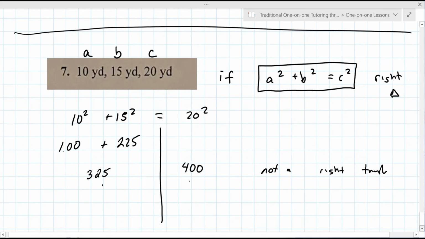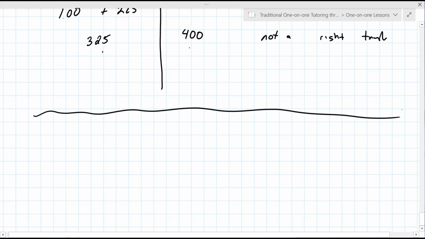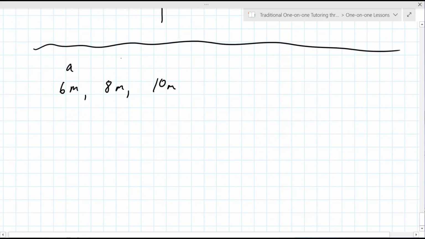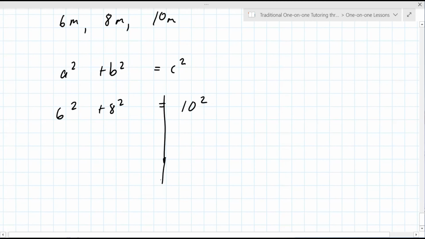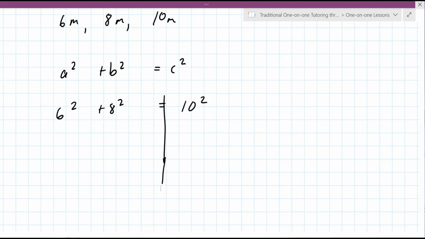Okay, let me give you one that works, so you can see that this actually does work and I'm not just giving you something weird. Let's say it's 6 meters, 8 meters, and 10 meters. This is A, this is B, and this is C. Is A squared plus B squared equal to C squared? Is 6 squared plus 8 squared equal to 10 squared? It is, but help me work through the numbers.